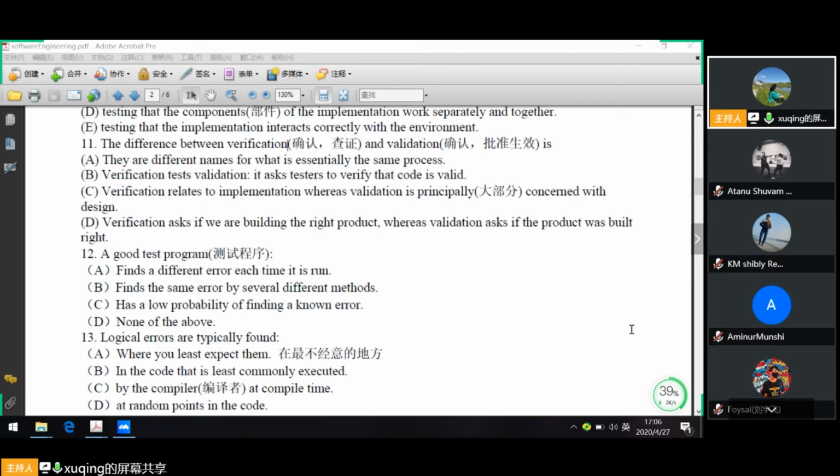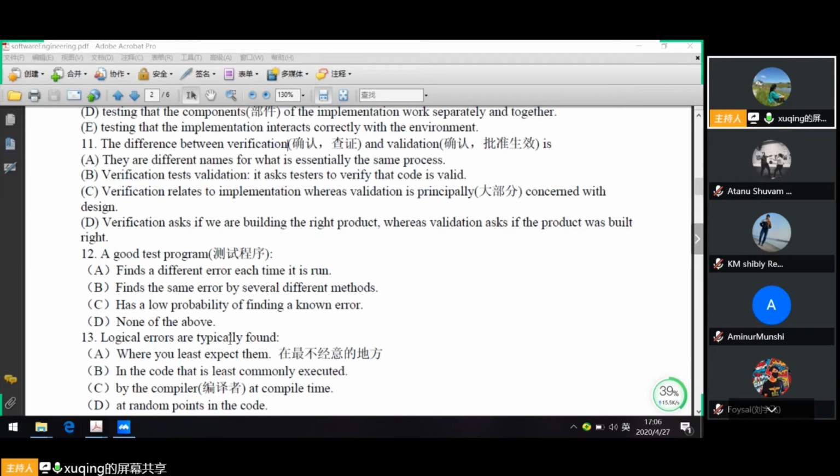So it's better. But if we find the same error by several different methods, it isn't very efficient. A good test program should have a high probability of finding errors. So C is wrong. We need to choose A here.